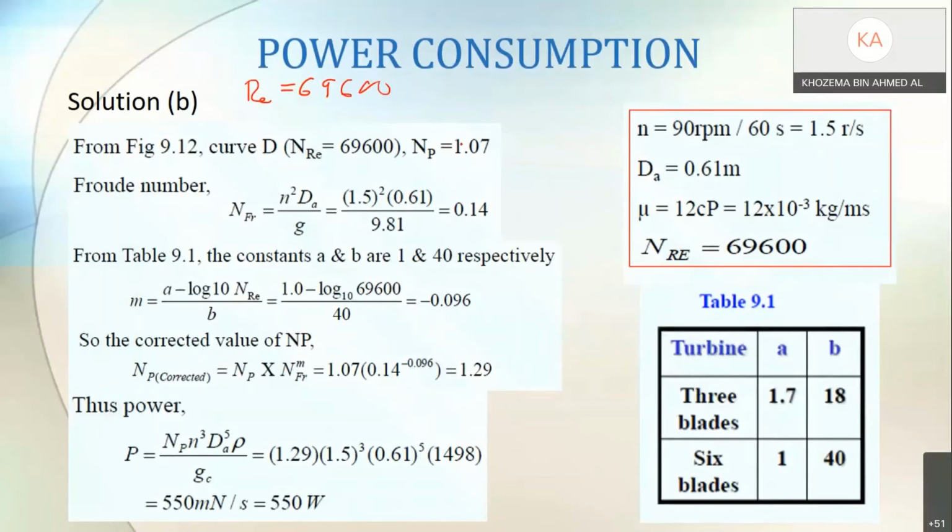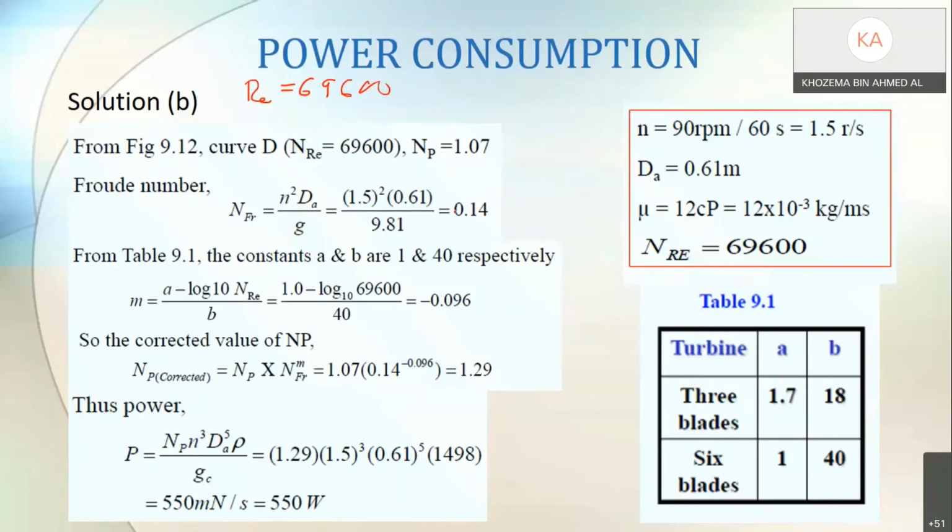Now before I plug in this value into my power equation, I need to find the value of NP corrected. How do I do that? First of all, I need to find the value of Froude number. So I know the value of N, I know the value of D, and I know the value of g, which is our gravitational acceleration.